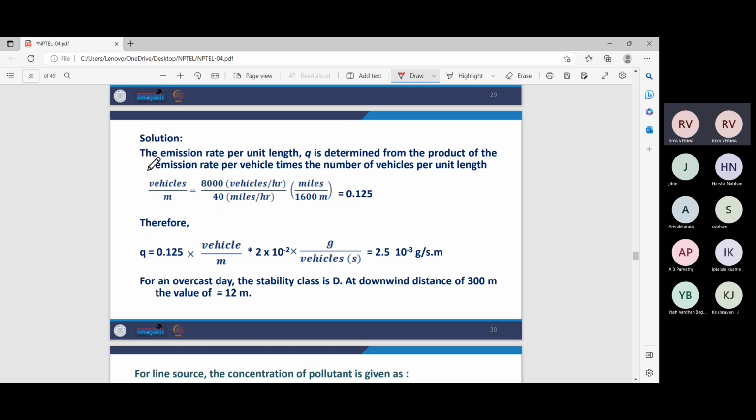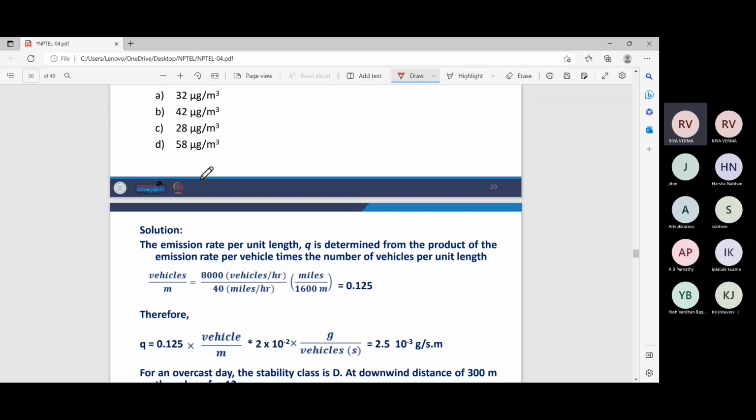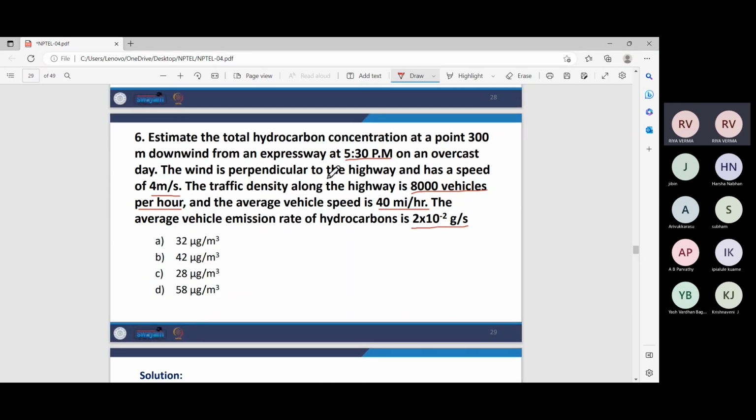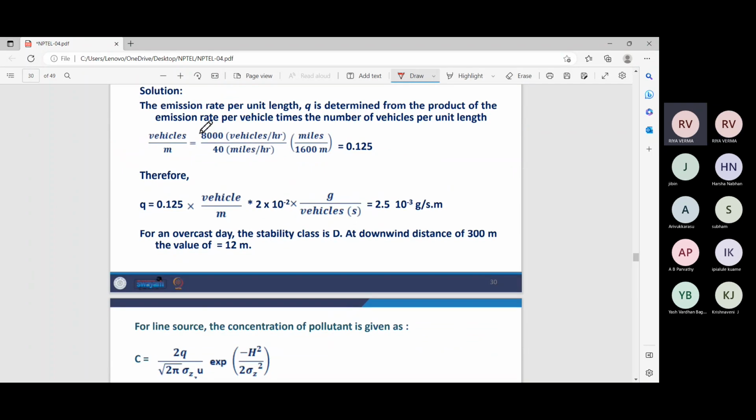So the number of vehicles per meter is given by 8,000 vehicles per hour, as given in the question, and the average vehicle speed is 40 miles per hour. So we get 8,000 vehicles per hour divided by 40 miles per hour. So this will be vehicles per mile.